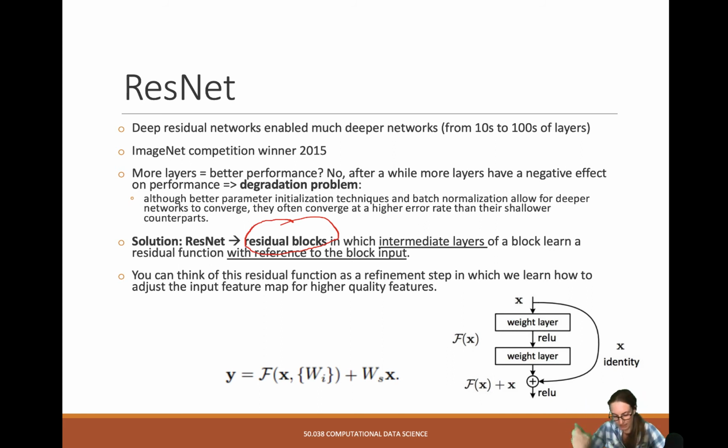This identity function passes along the input at the beginning of the block to the end of the block and adds it to the output. Mathematically, y is equal to the result of multiple convolutions, which is F(x), plus the original input of the residual block.